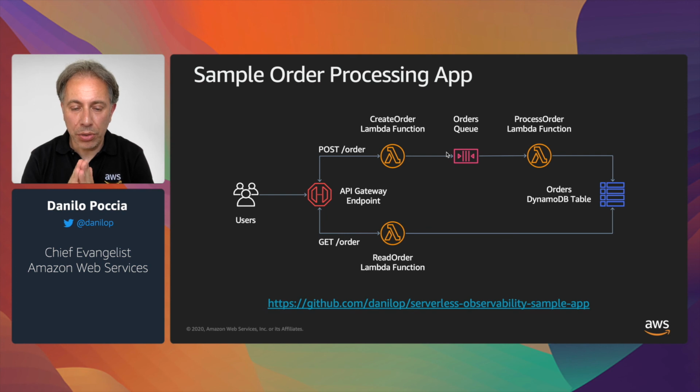You can also use tracing. Tracing is really paramount because when something happens, if you don't have the tracing information already collected for a sample of the data, it's really difficult to debug and find the bottleneck, for example, that is slowing down your application. Maybe it's the process order or it's the create order. You need to see where the delay is and then drill down.